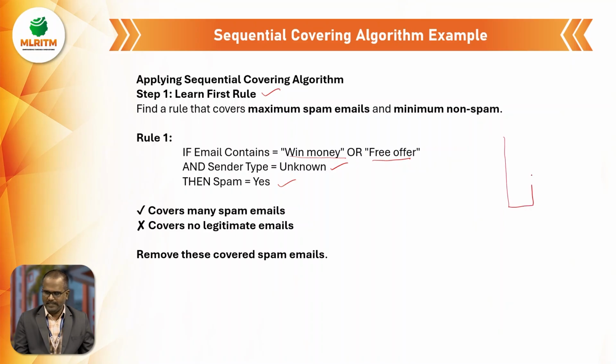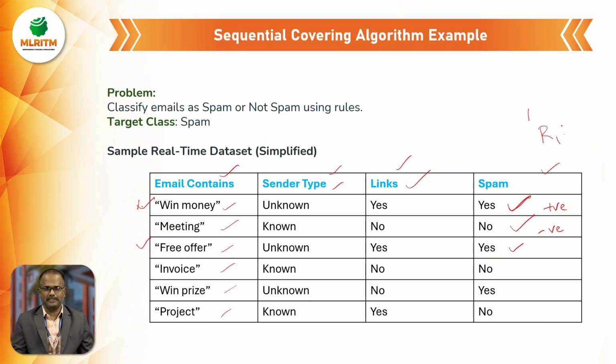In the initial stage, the rule set is an empty set. This is the first rule, R1. What is R1 here? If the email contains win money or free offer keyword, and sender type is unknown, in that case, that mail is treated as spam mail. This is rule 1. Now, we observe by this rule how many examples are covered in the data set.